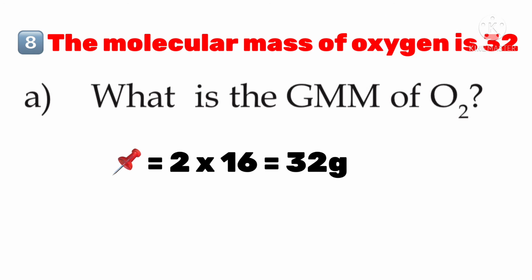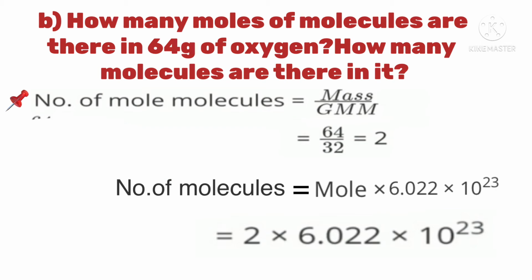Eighth question. The molecular mass of oxygen is 32. A. What is the GMM of O2? The answer is GMM of O2 equal to 2 into 16, that is 32 gram. B. How many moles of molecules are there in 64 gram of oxygen?